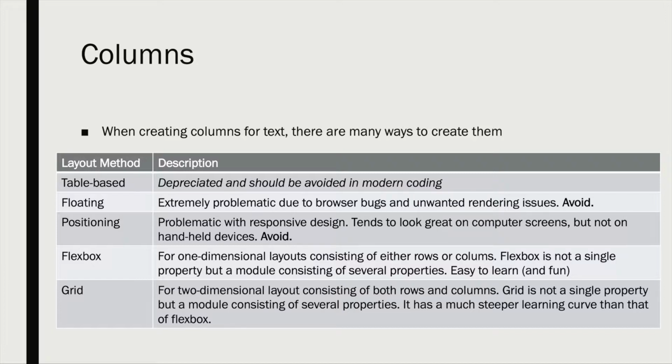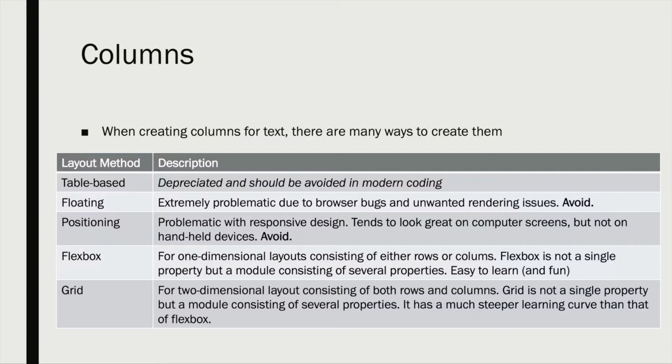It's good, but when dealing with columns, it's extremely problematic due to browser bugs and unwanted rendering issues, so avoid this when creating columns. When positioning, it's also good, but it's problematic with responsive design. It tends to look great on computer screens, but not on handheld devices, and not exactly the best way to handle things when they're positioned, so avoid this as well.